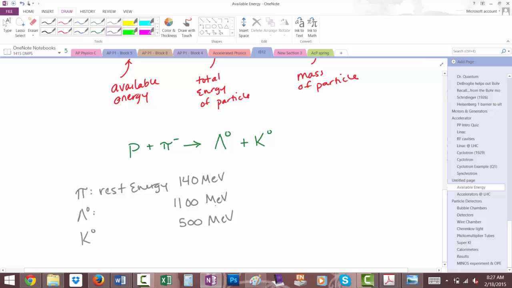So then the question is, how much kinetic energy does that little proton need? You can talk that through.